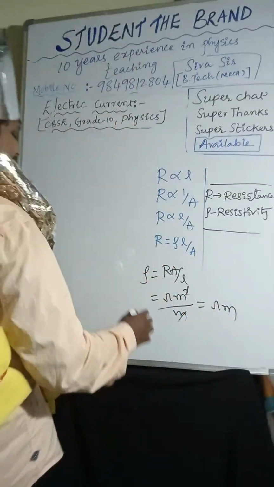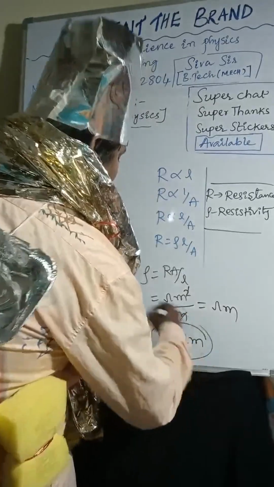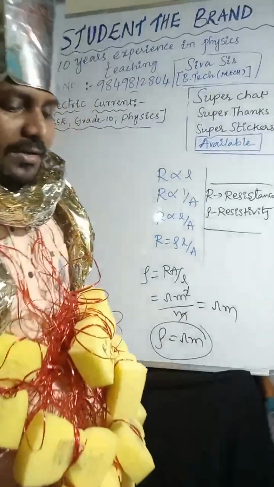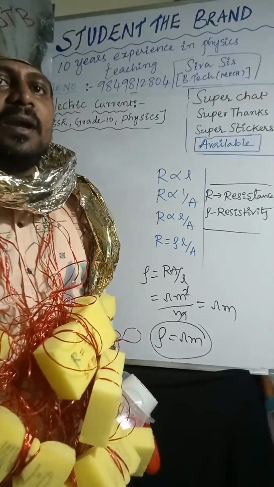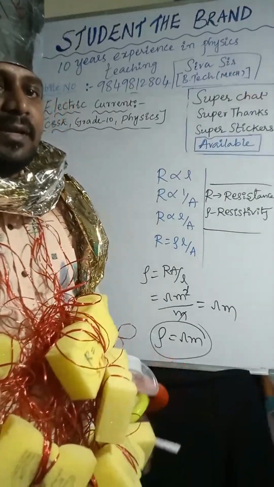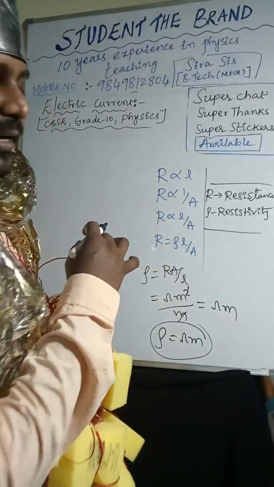So resistivity is ohm meter. SI unit of resistivity is ohm meter. Very important, check it.